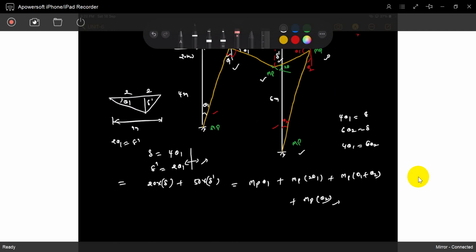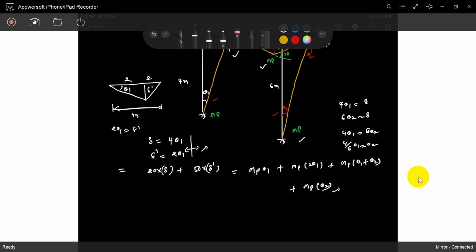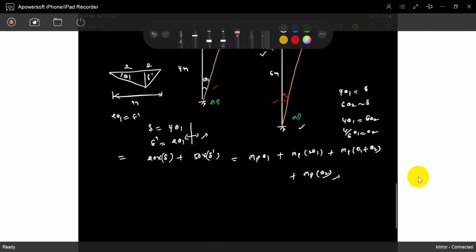So it's 4 by 6 theta 1 is theta 2. You can choose any one, theta 1 in terms of theta 2, or theta 2 in terms of theta 1. No problem at all.